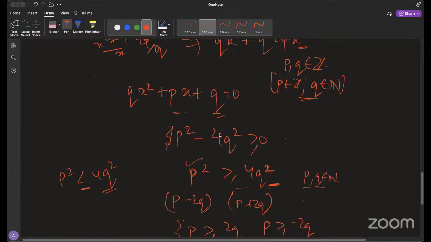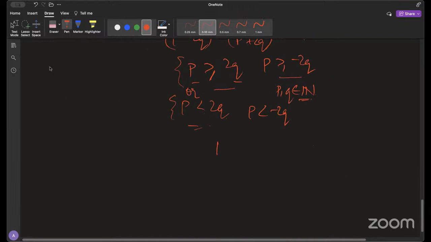When you have x plus 1 by x, it depends on the domain, but if your domain is natural numbers, then the range will have rational numbers in it. It is not entirely contained, that's not true, but there's a part of the rational numbers that is in the range.